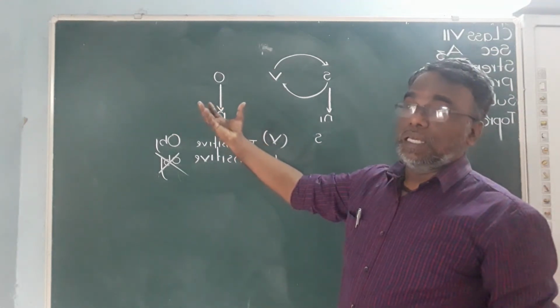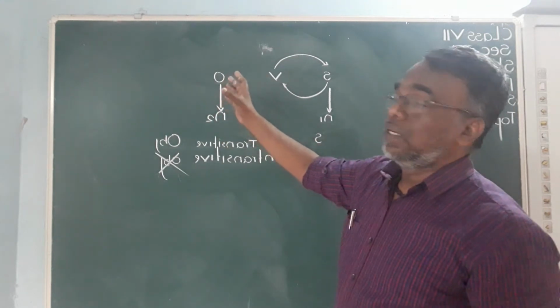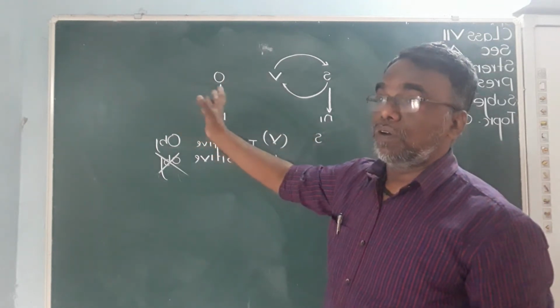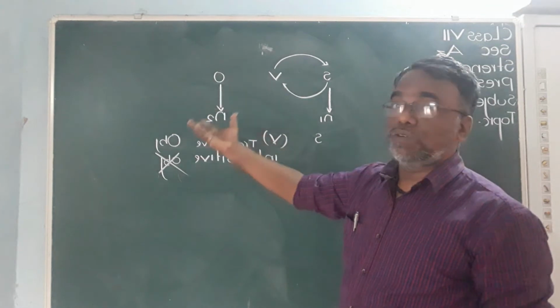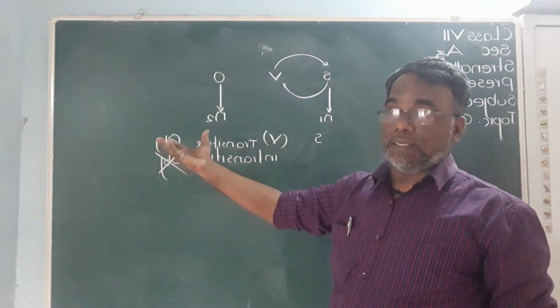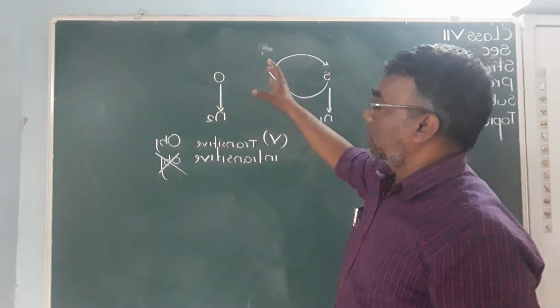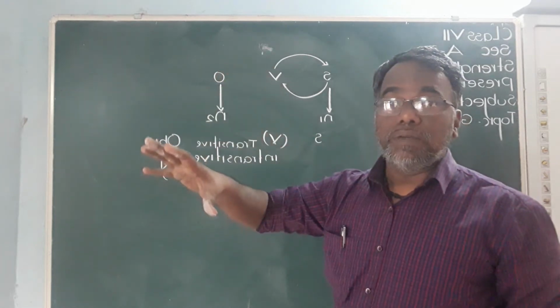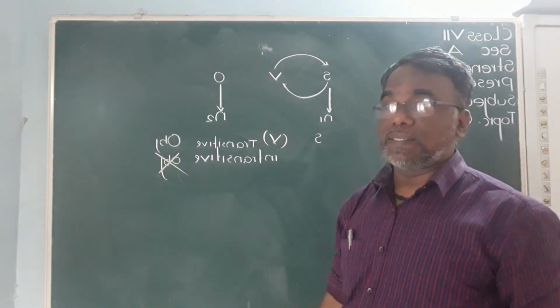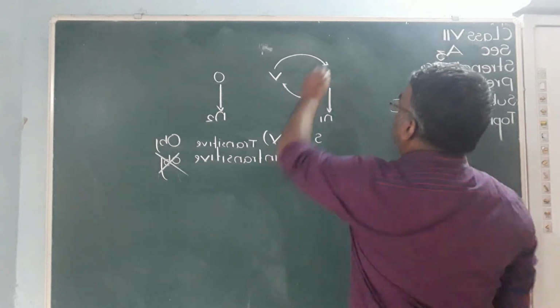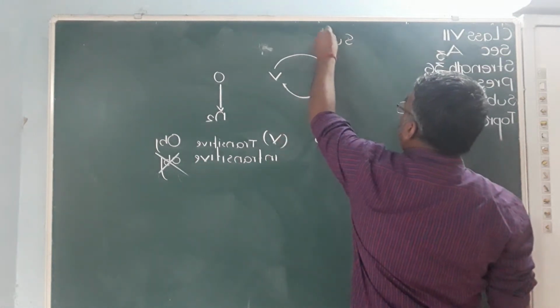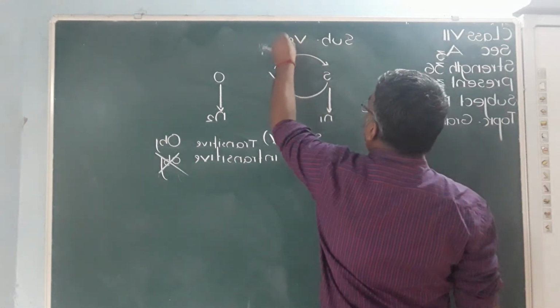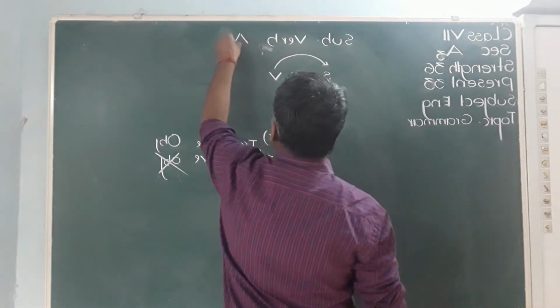If the rule were that the verb agrees with the object, that would not be possible, because the object would be missing. So the grammarians framed only one rule that captures all sentences. Today our topic of discussion is subject verb agreement.